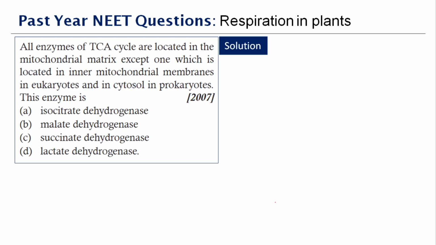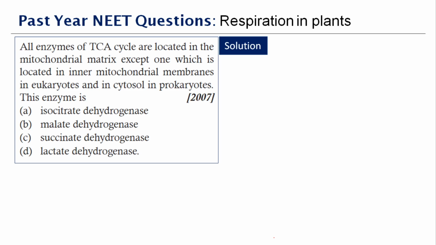Now each enzyme has a different function, but the correct answer is succinate dehydrogenase. Succinate dehydrogenase, or succinate ubiquinone oxidoreductase, also known in mitochondria as complex 2, provides a link between the citric acid cycle and the membrane-bound electron transport system.